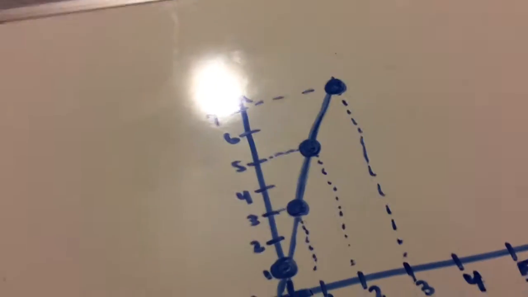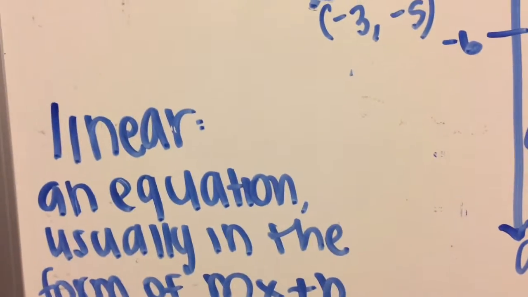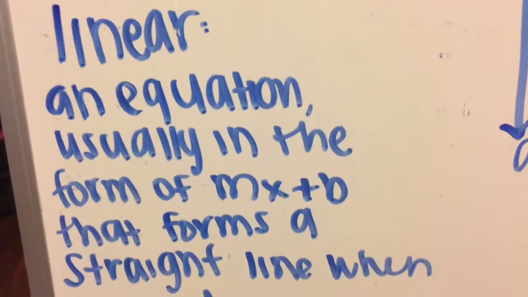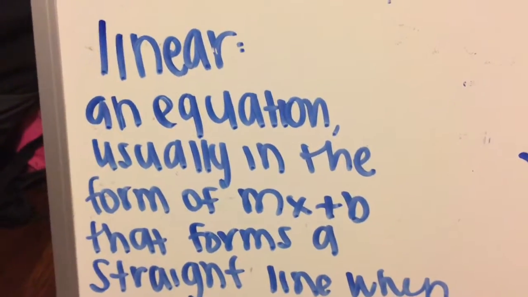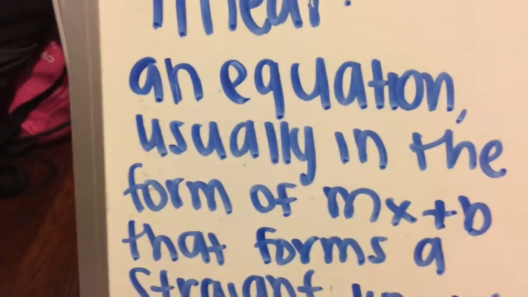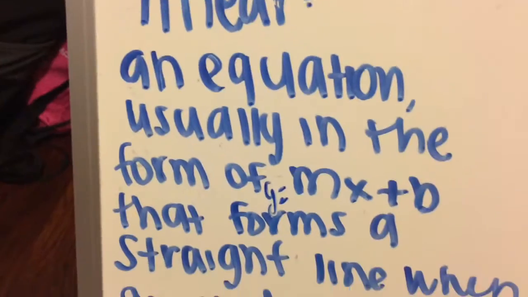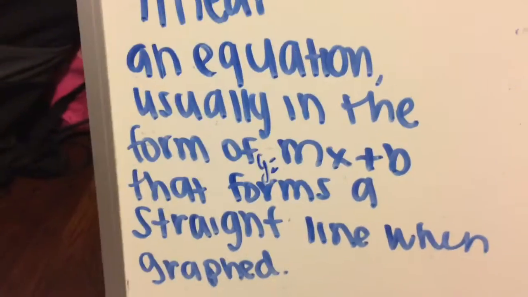All right, so if we go back to our definition of what linear means in math terms, it would be an equation usually in the form of y equals mx plus b. I should probably change that. So let's change that really fast. Usually in the form of y equals mx plus b that forms a straight line when graphed.